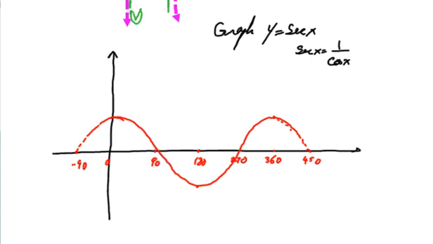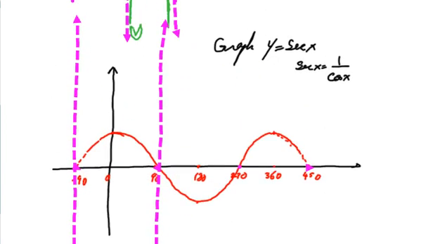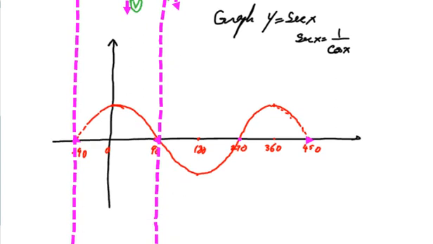Then each intersection spells a vertical asymptote. So we draw these vertical asymptotes here. Notice how quickly we are doing this.